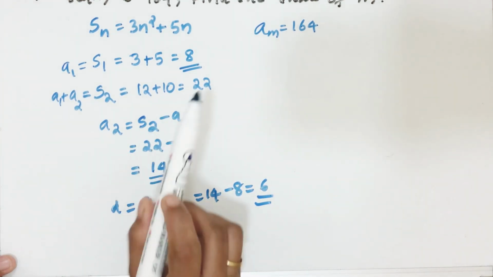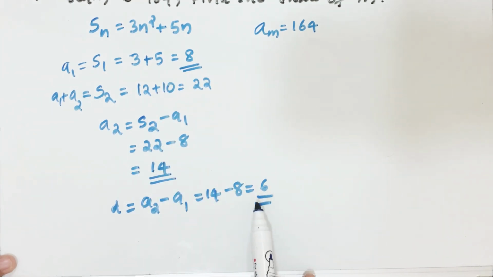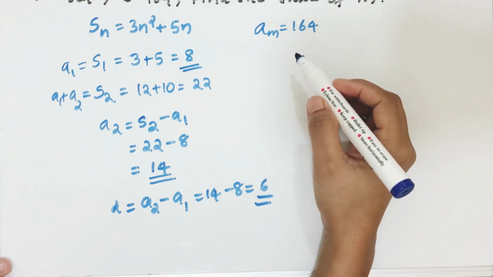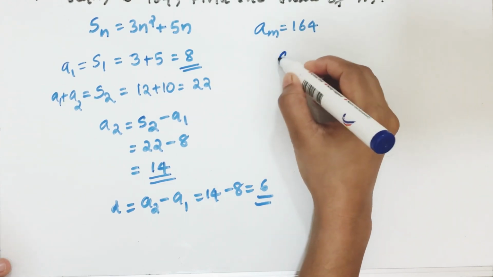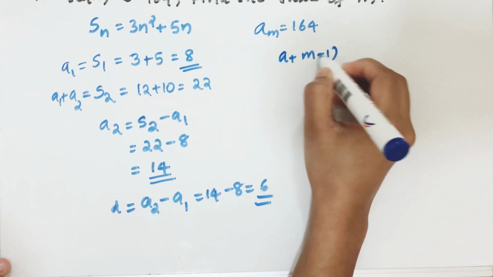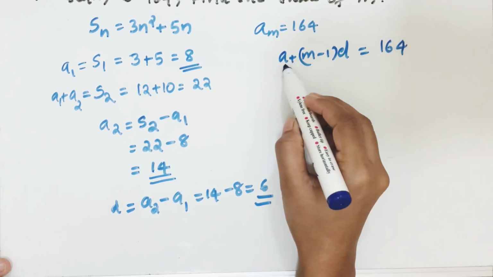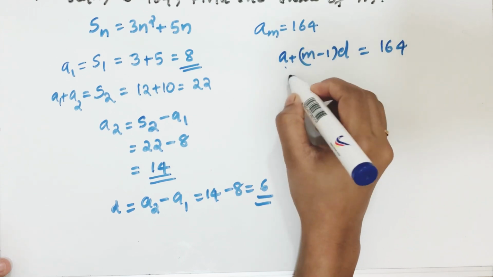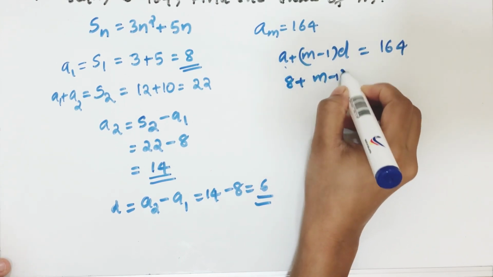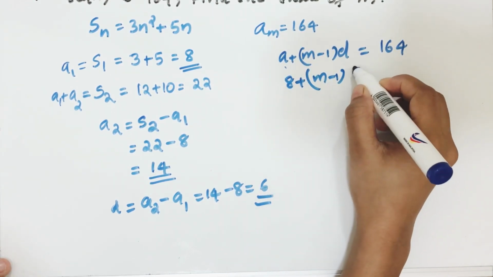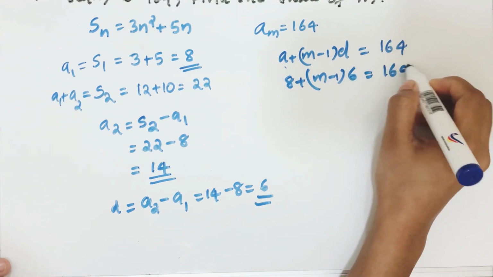Now we can substitute the first term and the common difference in the formula for the mth term. What is the formula for the mth term? a plus m minus 1 into d, given this is equal to 164. Here a, the first term, is 8. 8 plus m minus 1 into the common difference 6 is equal to 164.